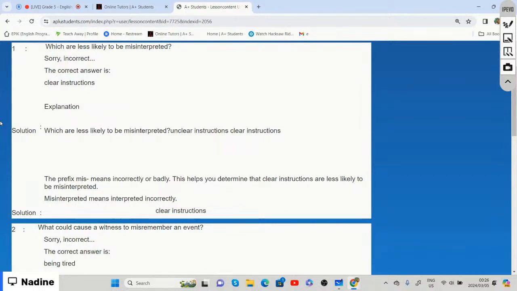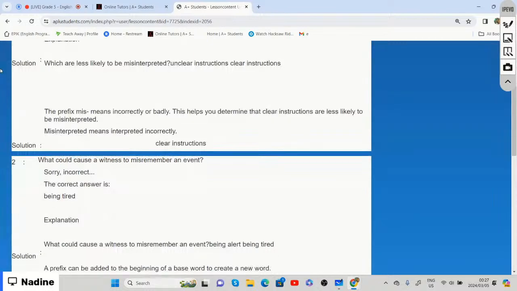And we said the prefix, all right, knowing the meaning of a word will help us to determine the meanings of other words, or let's say the rest of the word. All right.